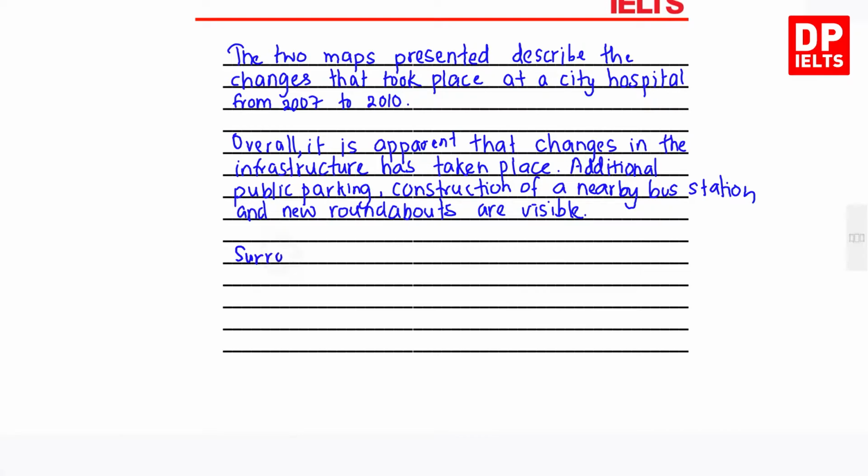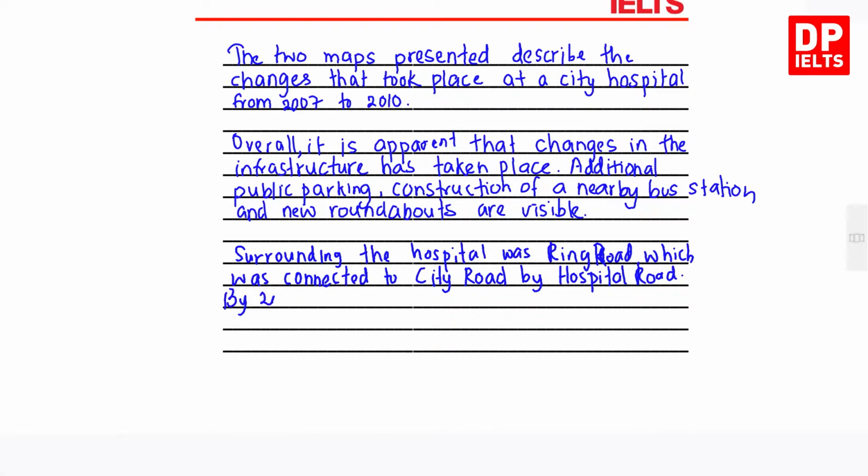Surrounding the hospital road, surrounding the hospital was ring road, which was connected to City Road by Hospital Road.